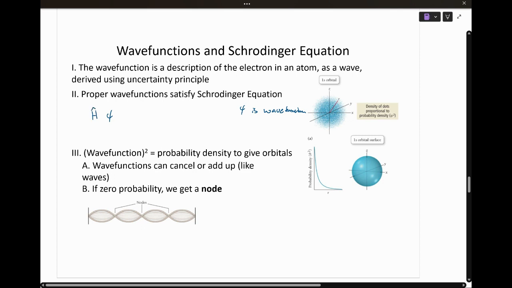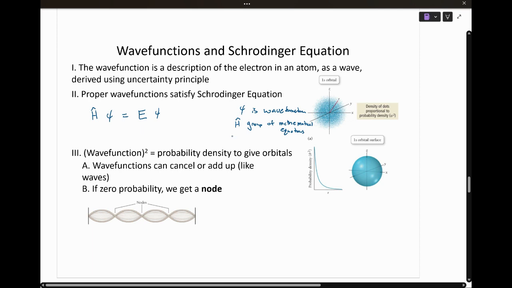and we multiply it by something called the Hamiltonian, which is just a collection of mathematical operators, a group of mathematical equations. If we do some mathematical equations on our wave function, and it's a good wave function, what it will spit out is an energy that wave function corresponds to multiplied by the wave function itself.